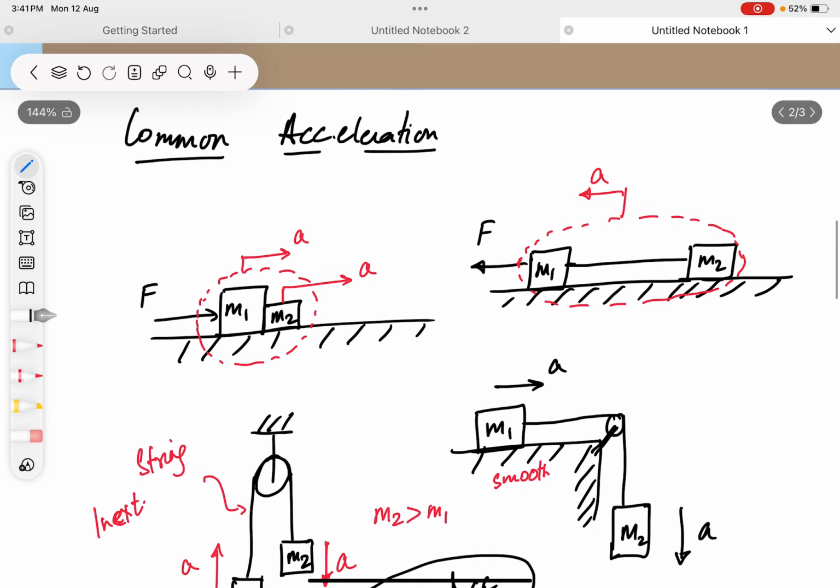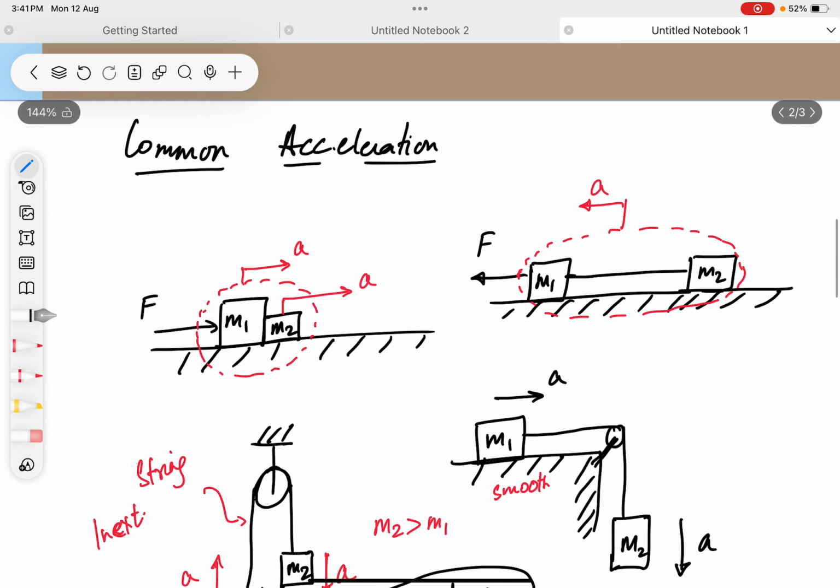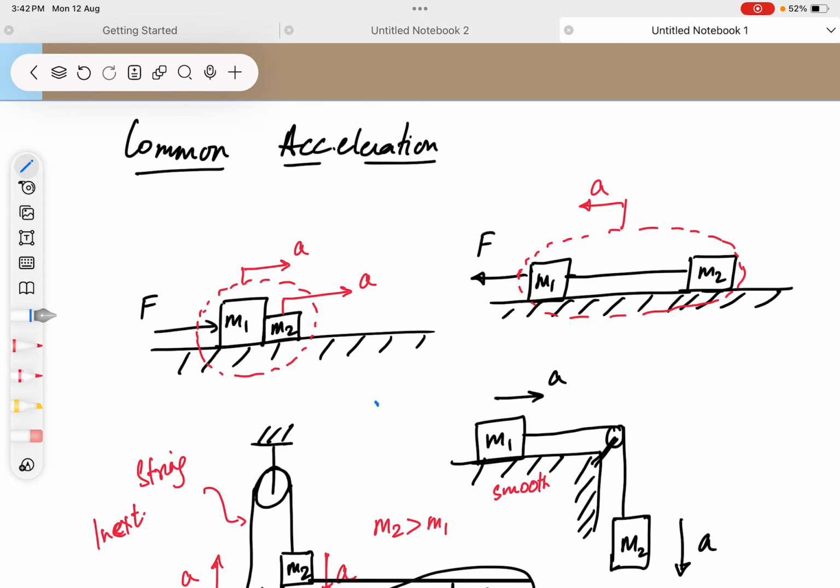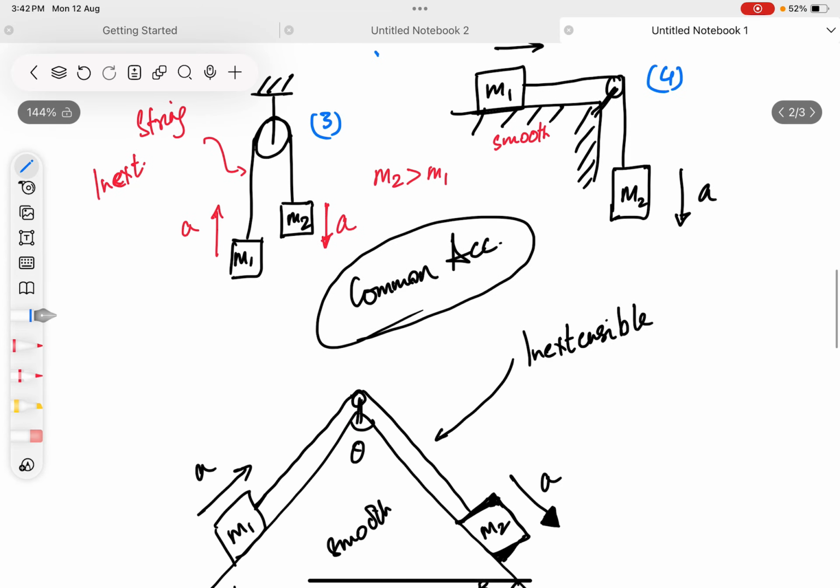You can apply it for all these problems. So let's now write the answer for all of them. We will name this one as the first diagram, this one the second, third, fourth, and fifth.